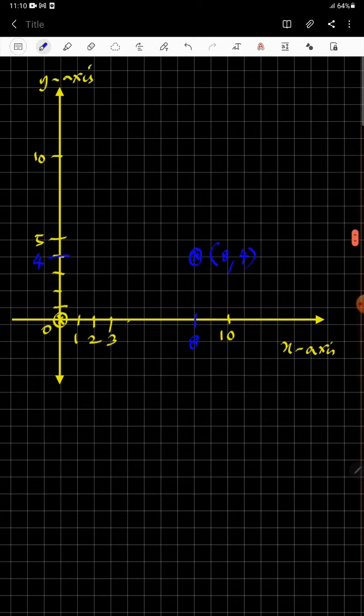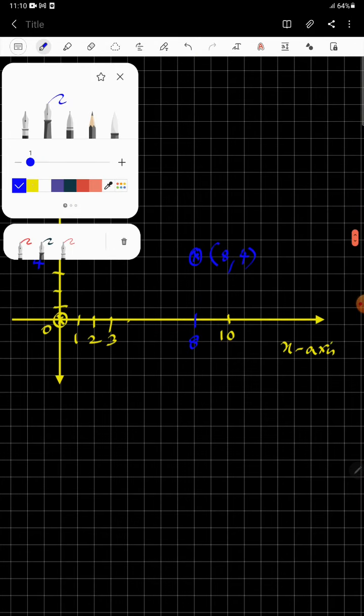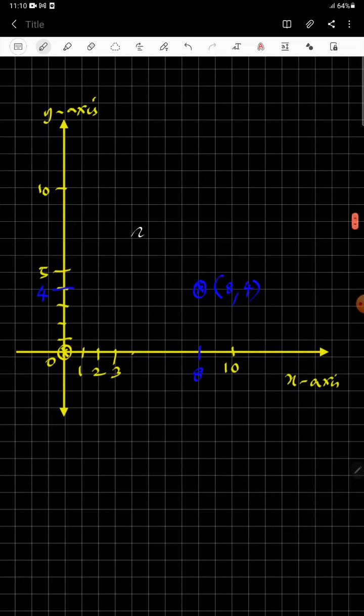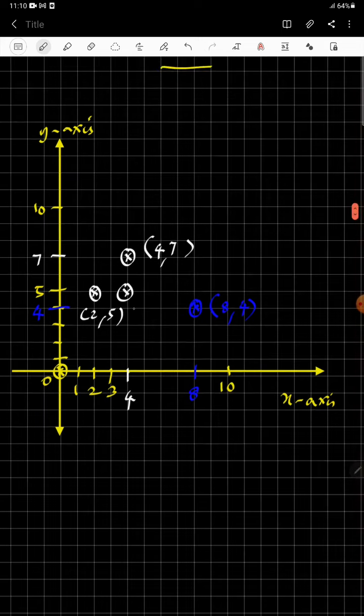Let me change the color for this one. Now if I want to represent this point, I'll take this as 4, and this is nothing but 7. So the x value is 4 and the y value is 7. Now using this concept, this point will be 2 comma 5, and this point will be 4 comma 5.